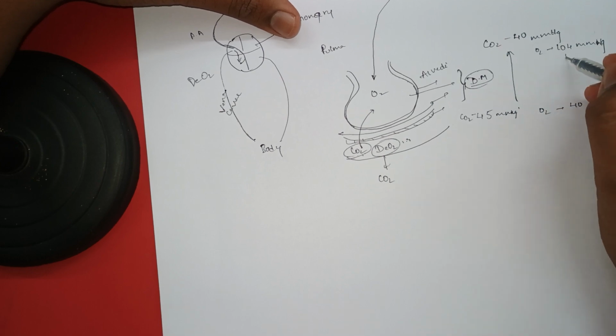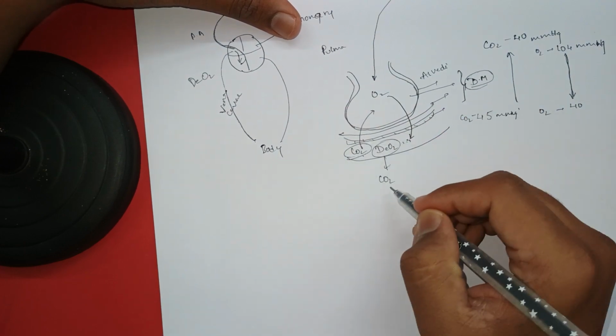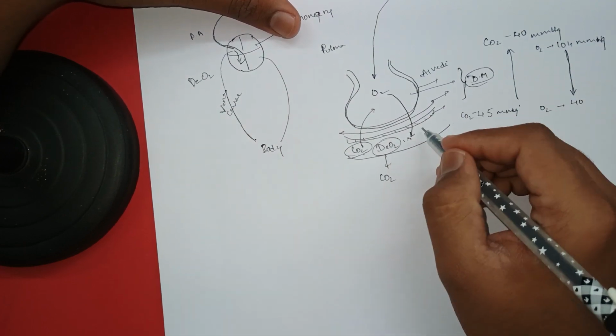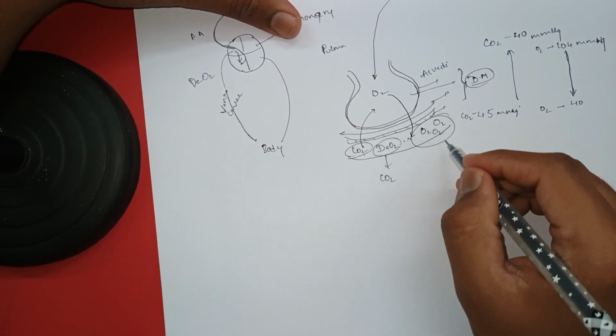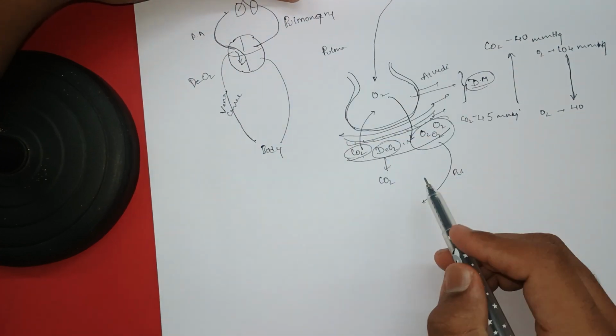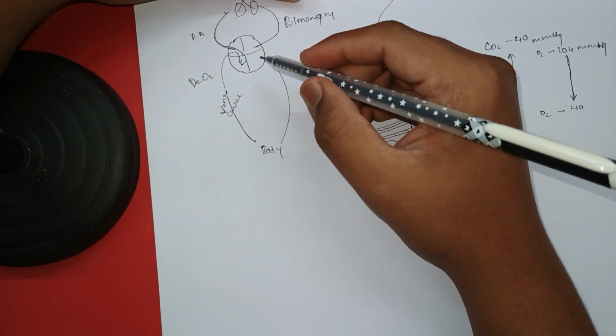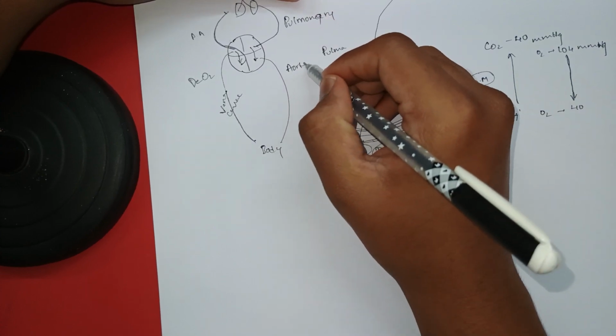Due to this difference, oxygen from the alveoli enters the deoxygenated blood through diffusion, and hence this blood gets oxygenated. This oxygenated blood reaches the left atrium through the pulmonary vein, enters the left ventricle, and from there travels through the aorta to the body parts.